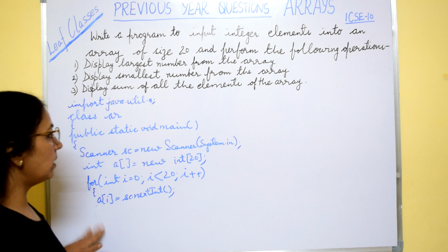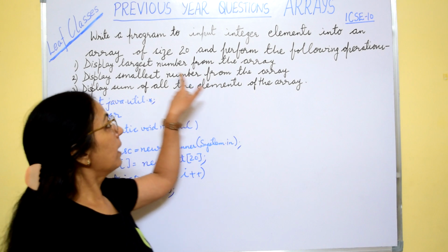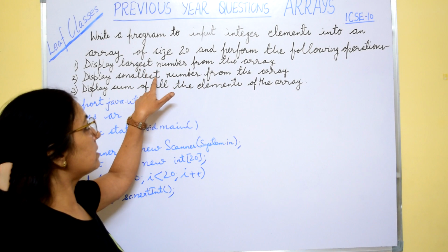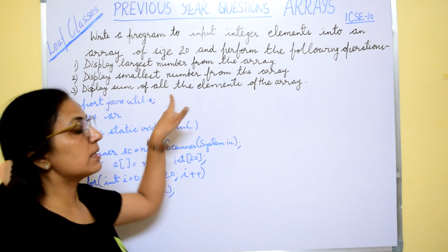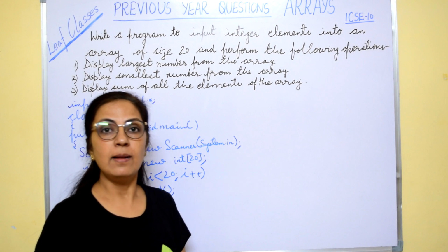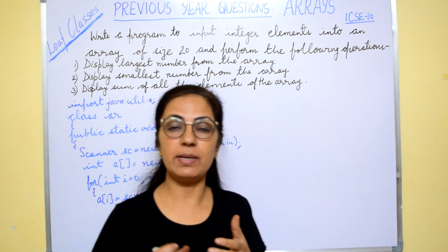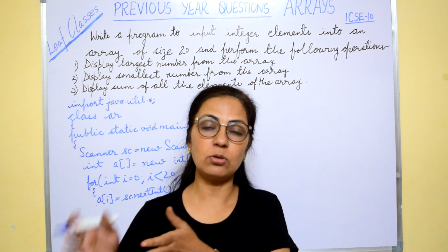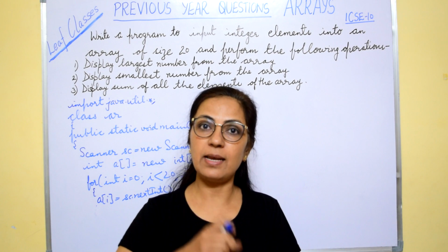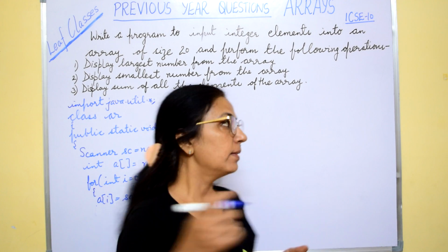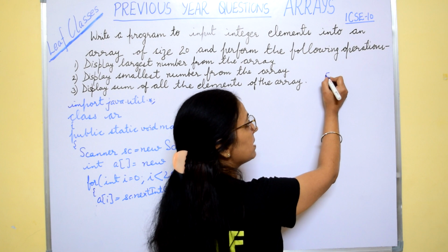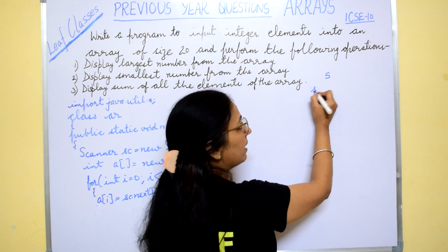Now here, you have to calculate the largest, the smallest and the sum of all the elements. As we are entering the elements, I have entered one element, I can store that in one variable. The next element I can add to this. Suppose, let us take the example, the first element I have entered is 5.